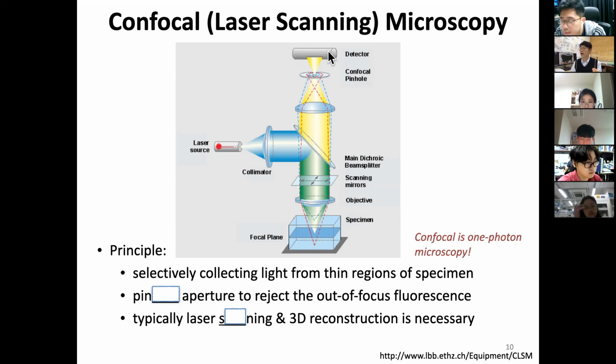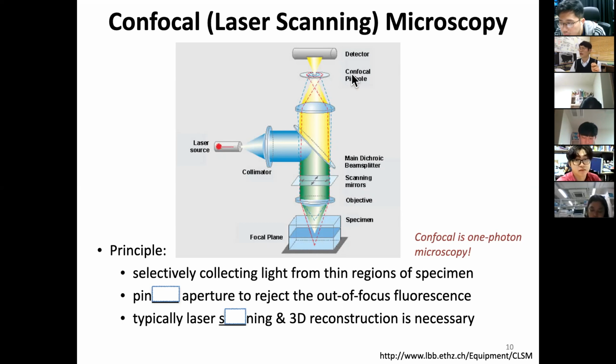What I just described is in here. You see the laser light source, and you make the light go into the dichroic mirror, and you focus at this focal plane. Here it's depicted as blue and red, which are above and below. Out-of-focus light paths will always diverge at the confocal plane.